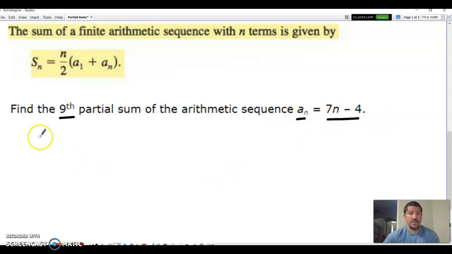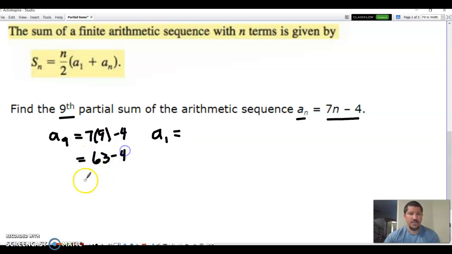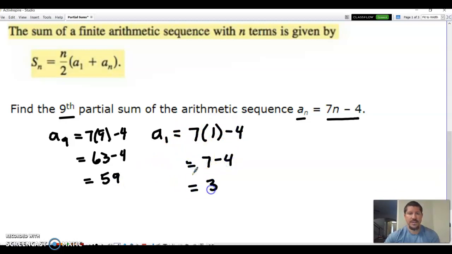Pretty simple. So I need to find a sub 9, and I also need to find a sub 1. Well, a sub 9 is 7 times 9 minus 4. So that's 63 minus 4, or 59. A sub 1 is 7 times 1 minus 4, or 7 minus 4, or 3.